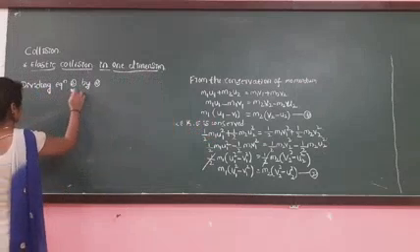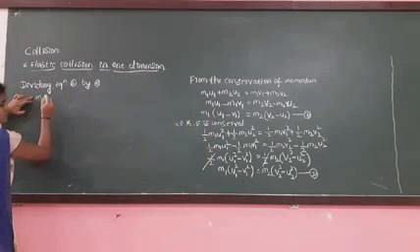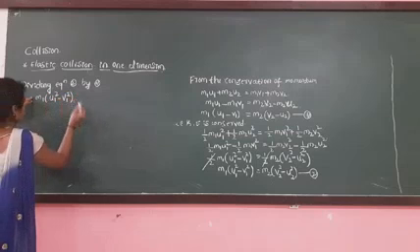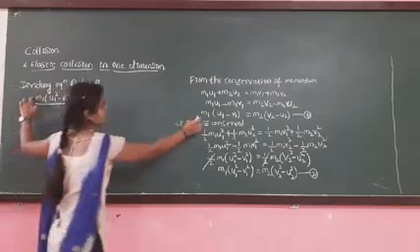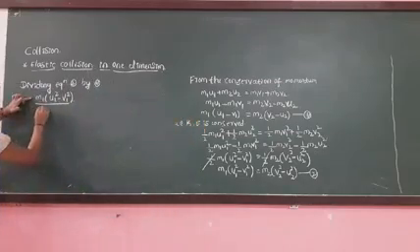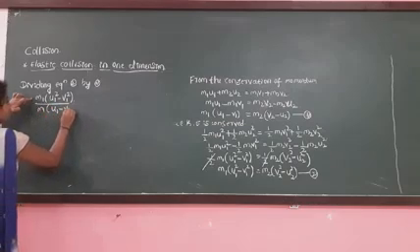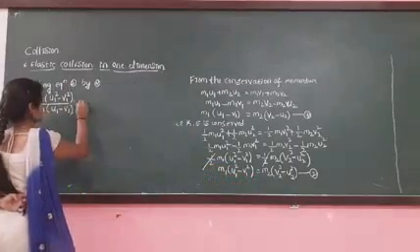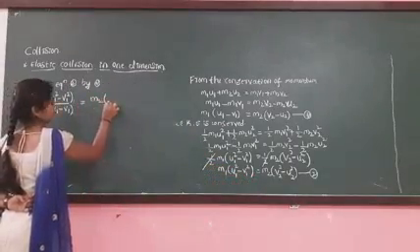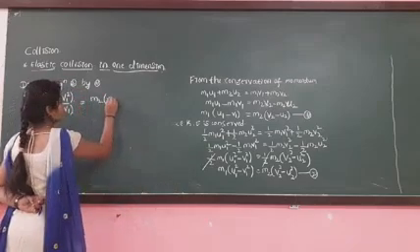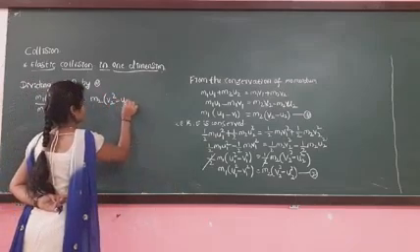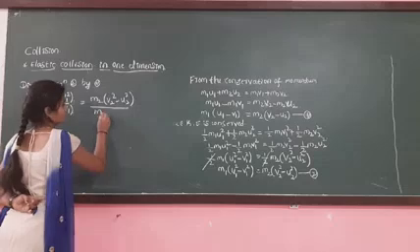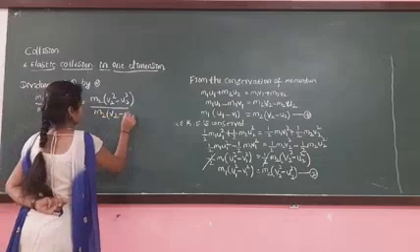This is equation number 2: m1 (u1 square minus v1 square) divided by m1 (u1 minus v1) is equal to m2 (v2 square minus u2 square) divided by m2 (v2 minus u2).